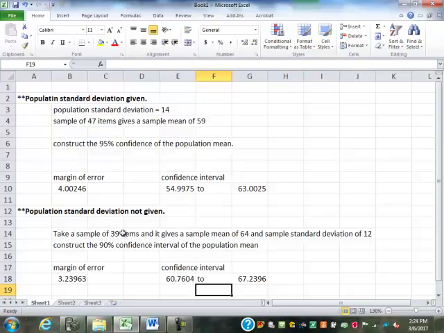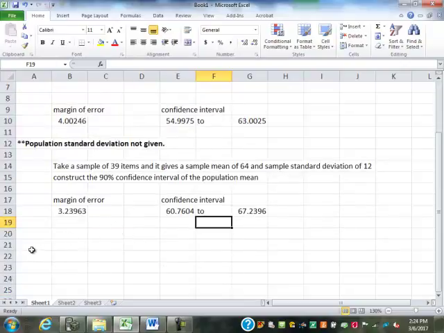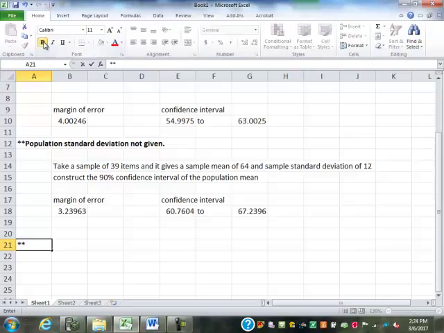So unfortunately, it's not so nice and neat for a proportion. If I want to do a confidence interval for a proportion, let's say we have a sample, and usually for proportions we do larger samples.